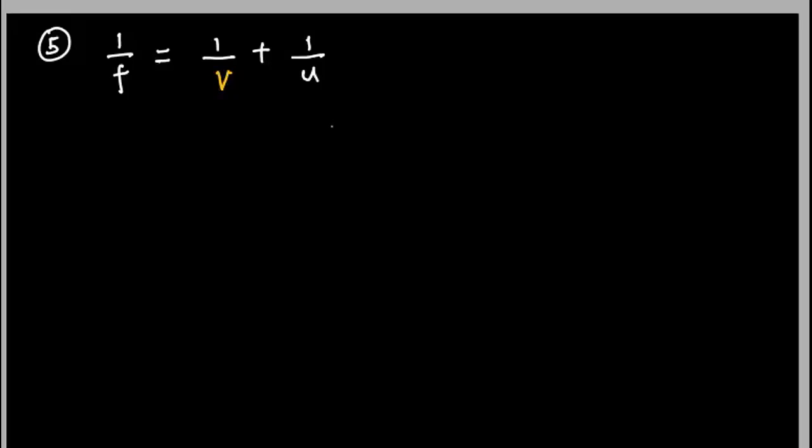The LCM of F, V, and U should be F, U, V. Yes, I did it in alphabetical order. If you write F, V, U, it's the correct thing too, but I have to do it according to the alphabet.